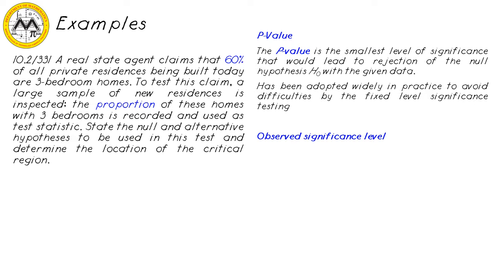So we have two hypotheses, the null hypothesis and the alternative hypothesis. For the null hypothesis, the claim is 60% and it is about the proportion. So P is equal to 60% or 0.6. The alternative hypothesis would be a contradiction to this hypothesis.